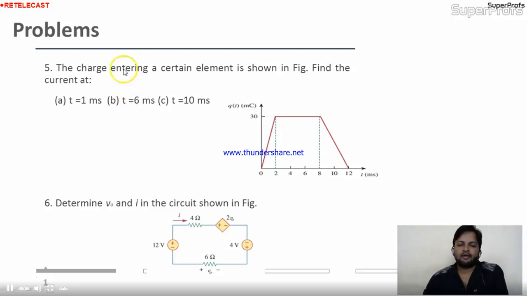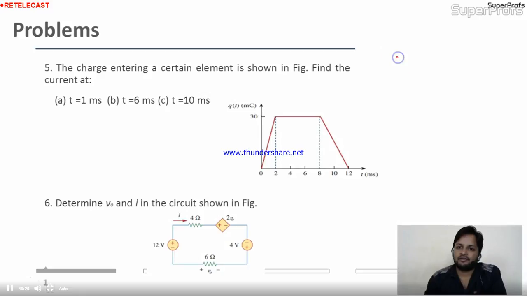Come to this now. The charge entering a certain element is shown in the figure. Find the current at t equal to 1 millisecond, t equal to 6 millisecond and t equal to 10 millisecond. See friends, they have given the value of charge. So we should first know the relation between charge and current.